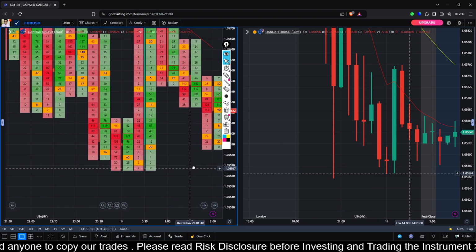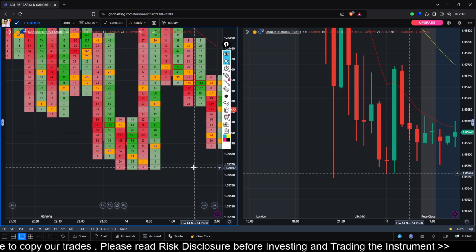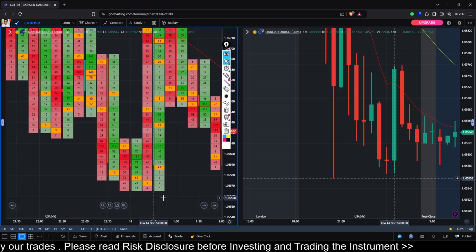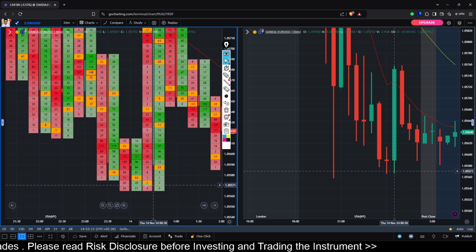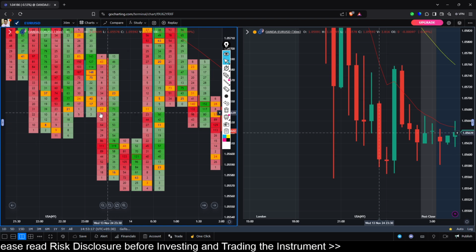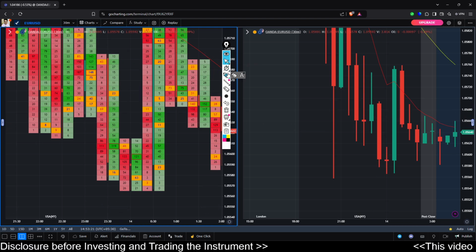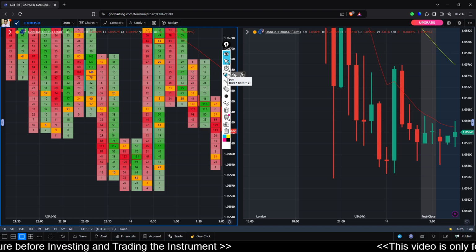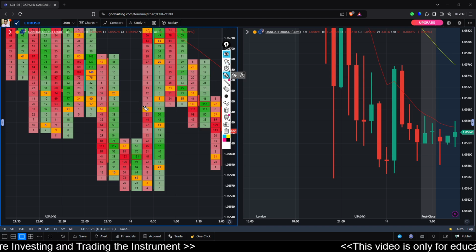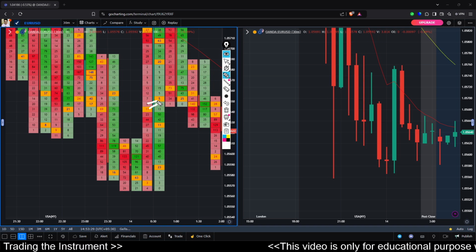When it comes to the imbalance concept in order flow, how do we identify the imbalance? I hope you can see these yellow color boxes. These indicate the imbalance. What does that mean? When orders are executing on the exchange, we compare the order execution diagonally, because we will see the difference between bid versus ask.